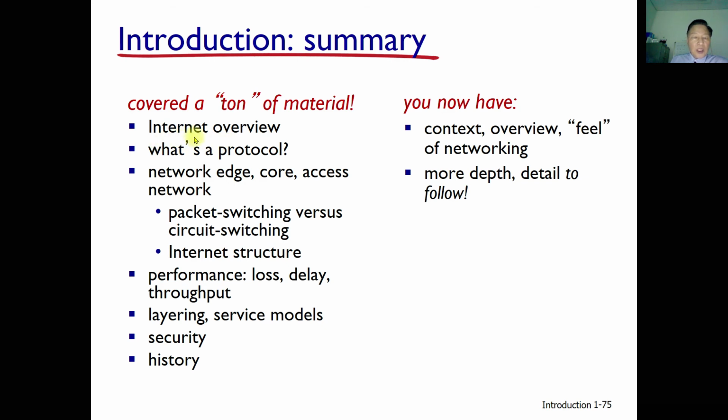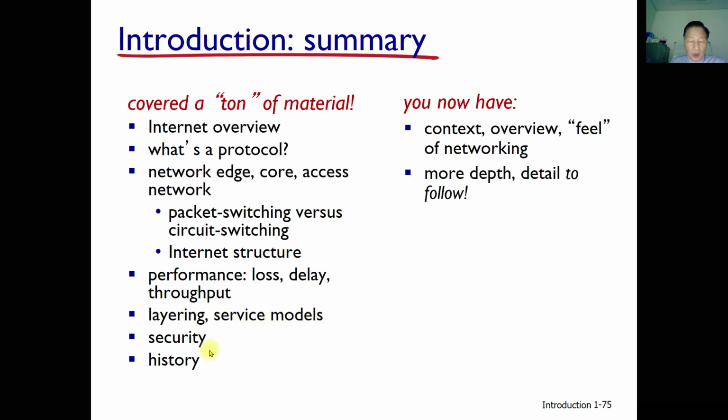We just reviewed the internet overview and first protocols. Simply, we learned about the network edge, the network core, and access networks. We learned about packet switching briefly and circuit switching, just to differentiate them briefly. We learned about internet structure and performance issues: loss, delay, throughput, and the layered architecture and service model.